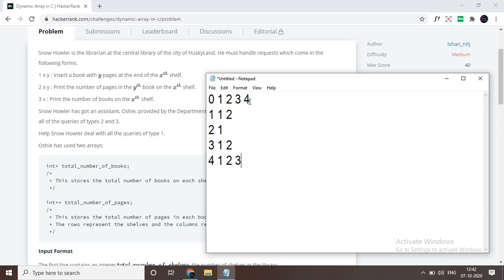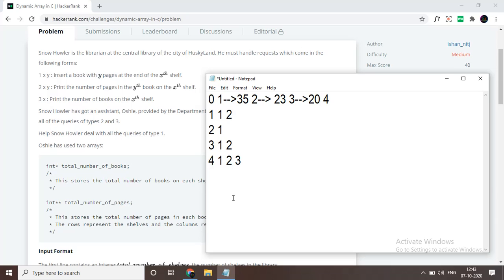In each shelf there are a number of books, and every book has a number of pages. Here, if the query is 2 x y, I am going to print the number of pages of the y-th book in the x shelf.